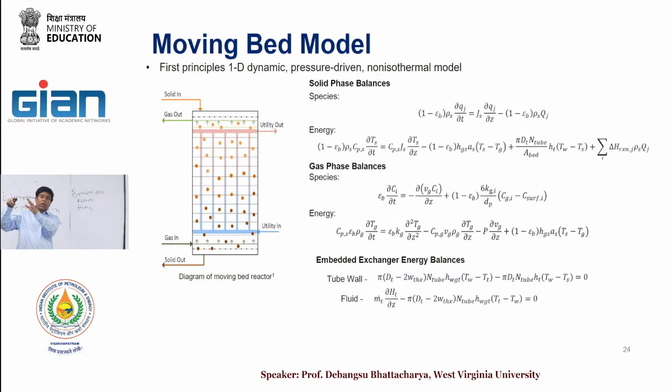The advantage is that because the solid moves, you can take the solid elsewhere and do the heat recovery. And then it goes to the regenerator, comes out from the regenerator, and then you do the heat recovery, mostly like a solvent. So once it is in the moving bed regime, it is a condition where it will flow through the system, right?